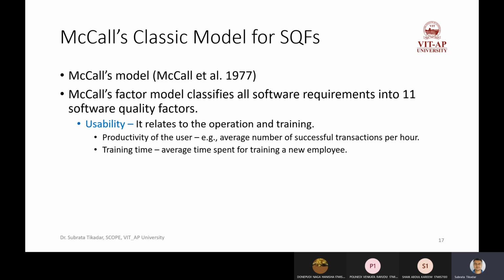One is the productivity of user and another is training time. But nowadays the usability is defined and measured in an extensive way, which we will discuss in some later session. So this is the usability definition as per McCall, but this is not the advanced definition. We'll know the advanced definition of usability later, and usability itself is a broad research area now.